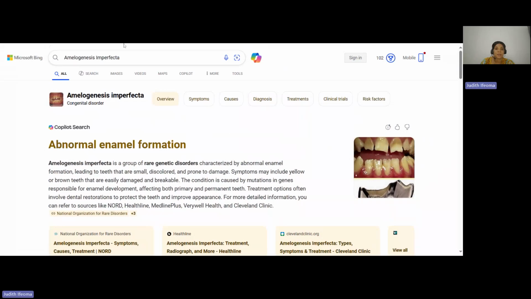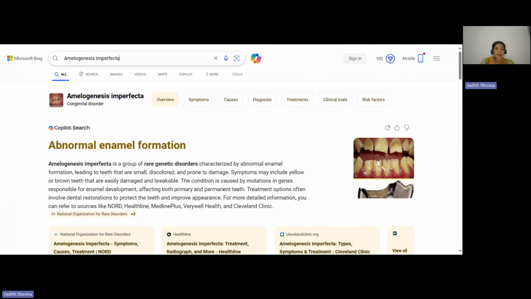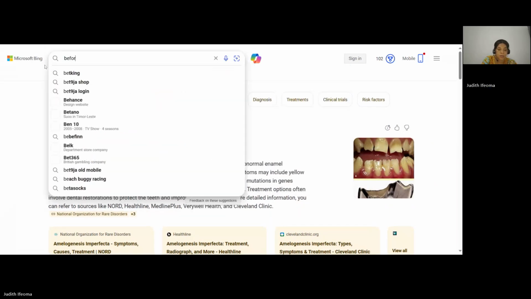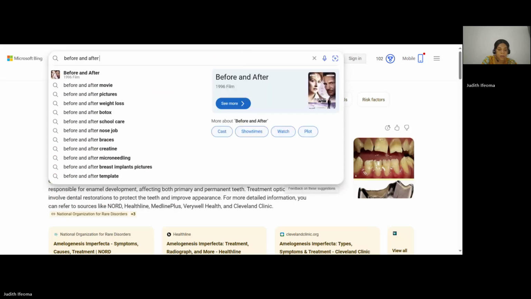We're also looking at before and after of cleft palate.